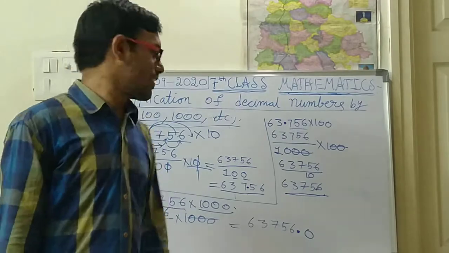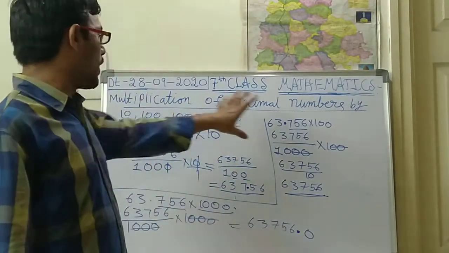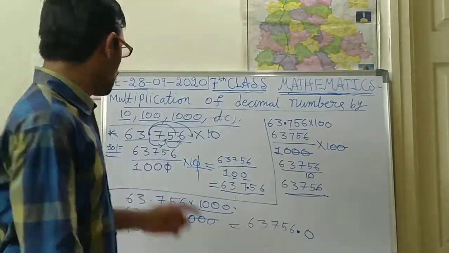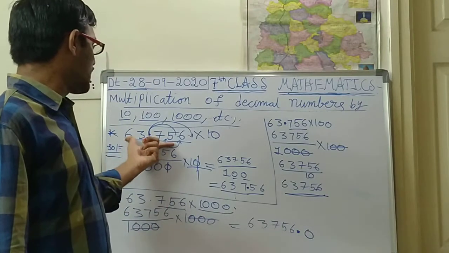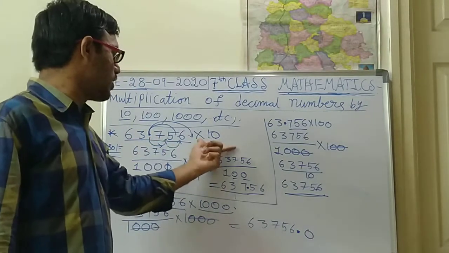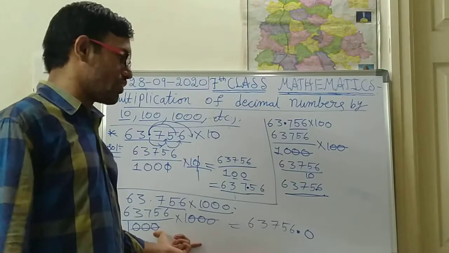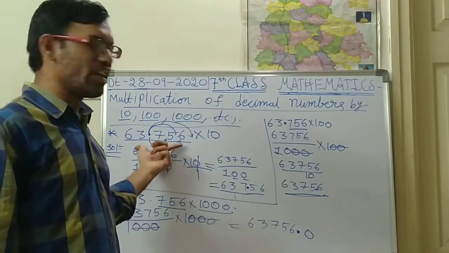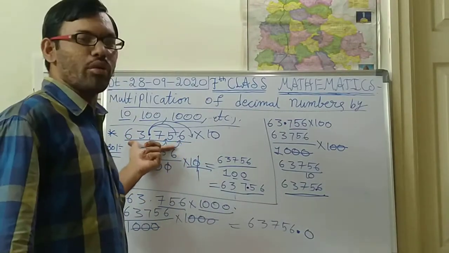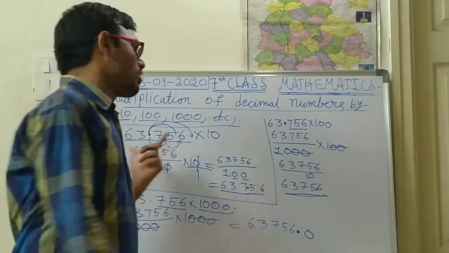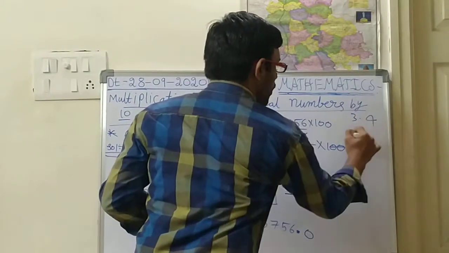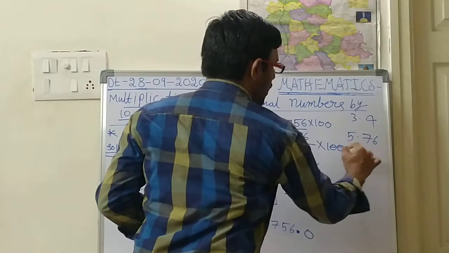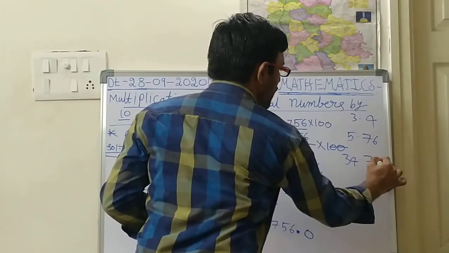So this is about the concept of multiplication of decimal numbers. Like this, now I have taken 63.756 into 10 into 100 into 1000. You take any of your own example with a decimal number, like 3.4 or 5.76 or else 34.72.